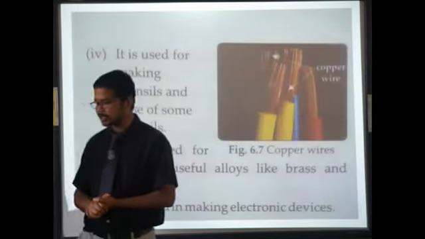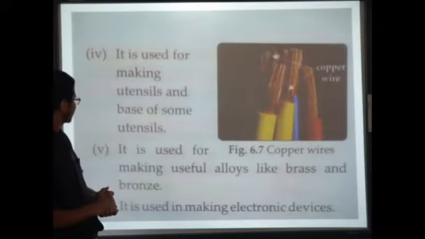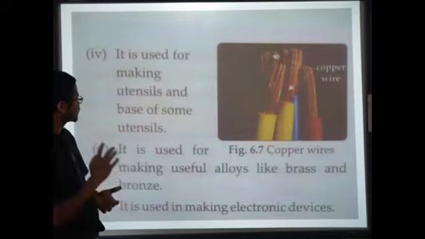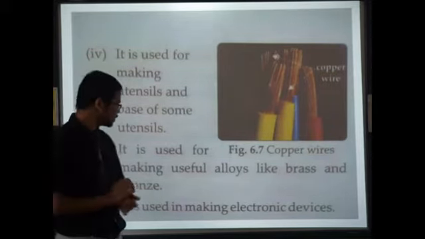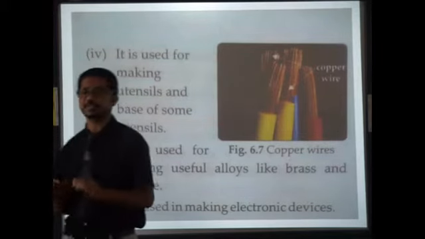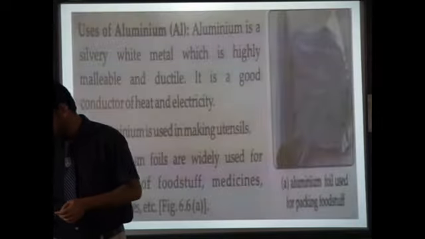It is used for making utensils and the base of some utensils, and useful alloys like brass and bronze. I already said it is used in making electronic devices. Even electronic devices are made of copper.